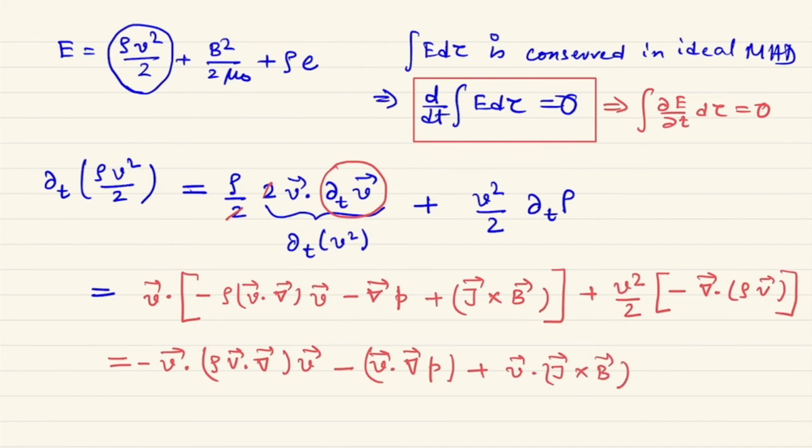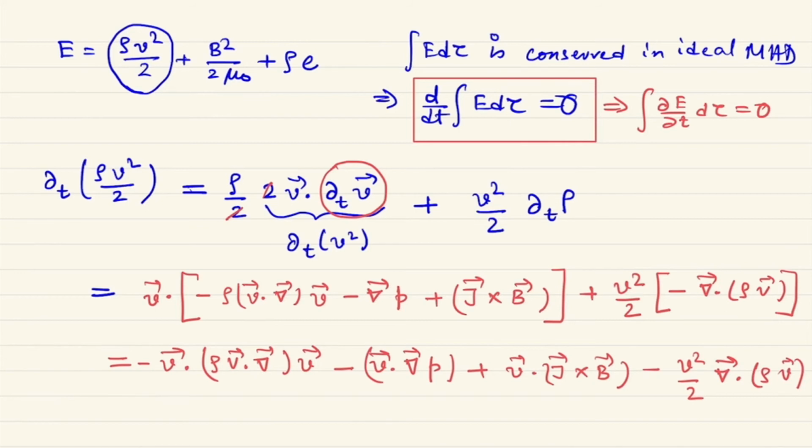Okay, plus or rather minus u square by 2, sorry, not u square but v square by 2 divergence of rho v.